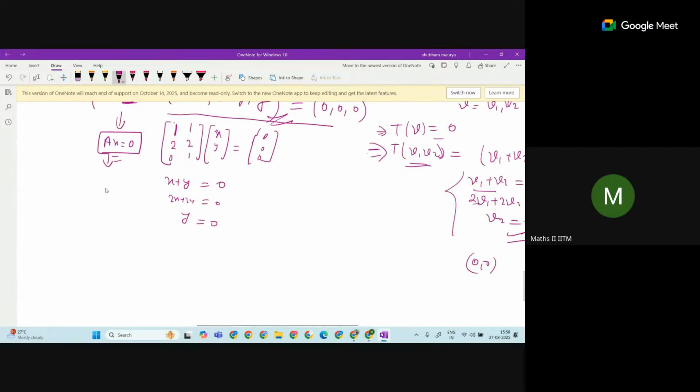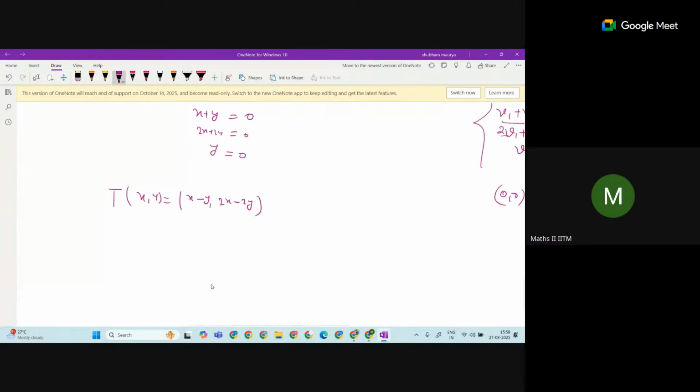For example, let's say I have this linear transformation T of (x, y) equal to (x minus y, 2x minus 2y). Suppose this is the linear transformation we have. What is the null space of it? To find the null space, let's do the same method, equate to 0.